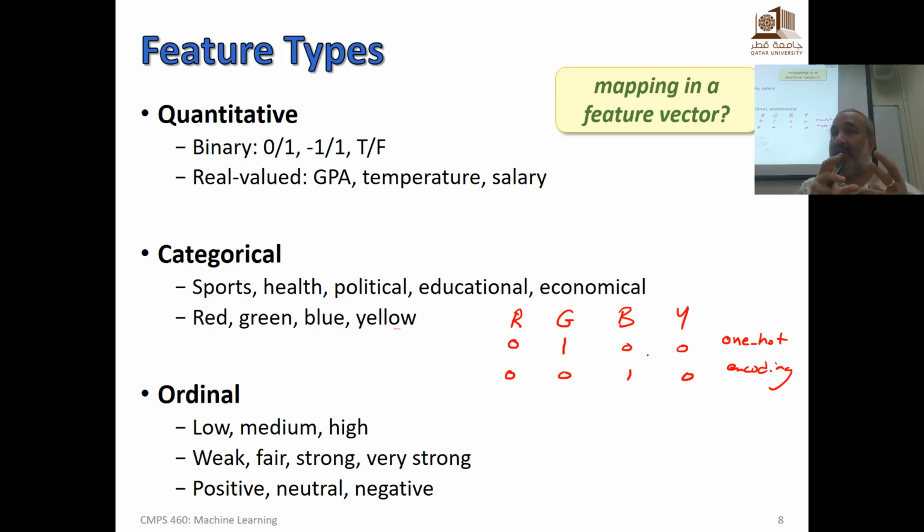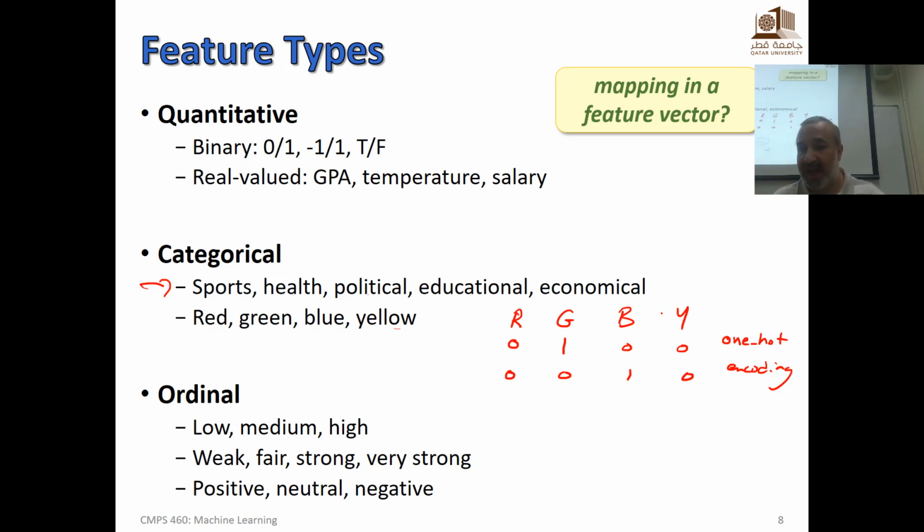So we converted one categorical feature into how many features? 4 for this example. For this one, how many features will we have? 1, 2, 3, 4, 5. Okay, 5. So if we have n categories, then this categorical feature will be converted into n binary features.